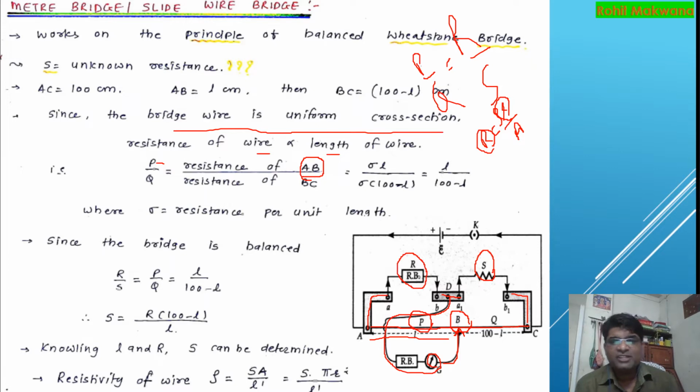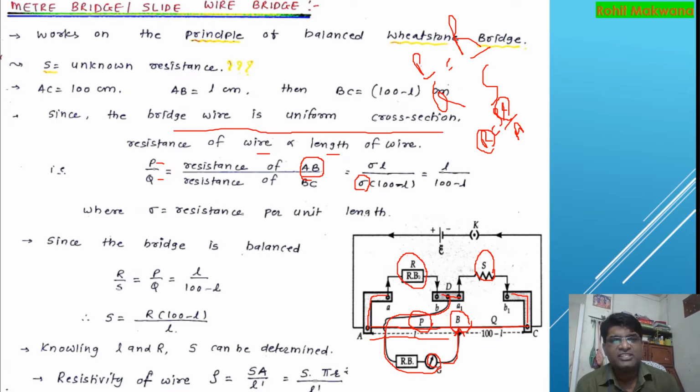And what is the length remaining? If you have got L here, then the remaining length will be 100 minus L, which is BC, and BC is equivalent to resistance Q. We have introduced sigma here also.